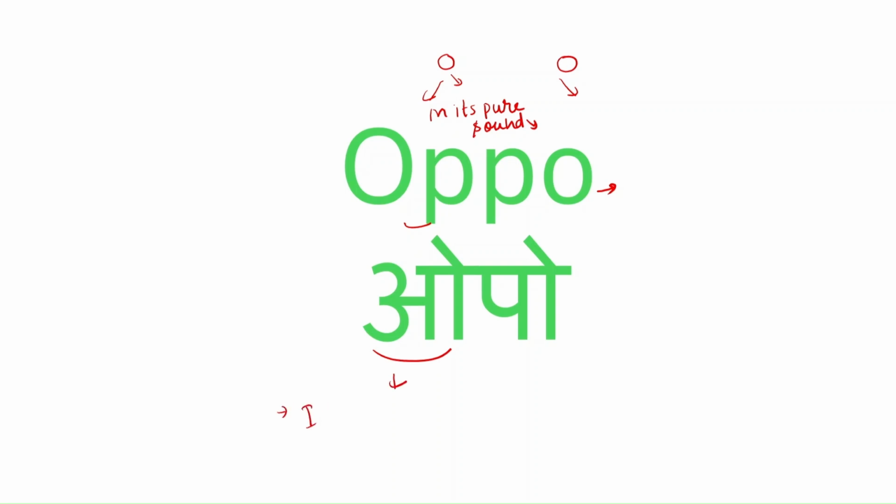So this is the independent form of a vowel. And then we have po. There's an o sound here as well, but the sound is mixed with the consonant sound, and this is matra form.